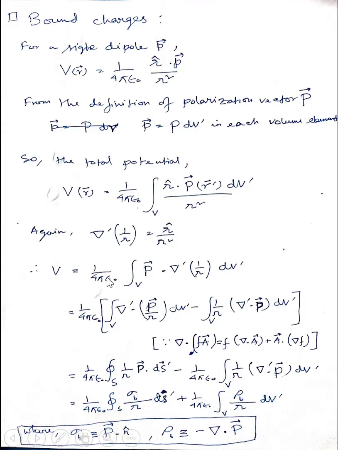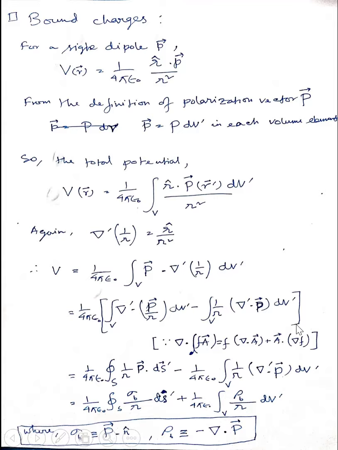Now I am replacing this here, and I will simplify it using the identity for the gradient, divergence of f A, where f is a scalar and A is a vector; then this can be written in this way.